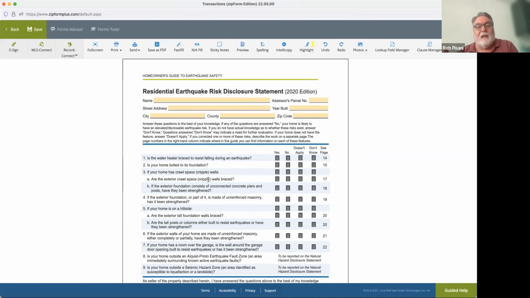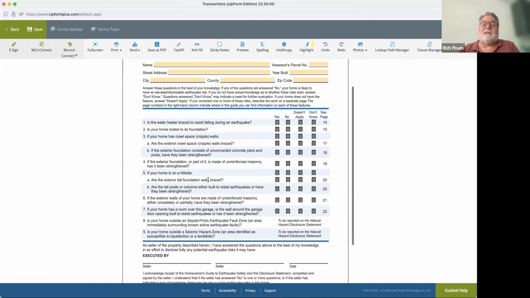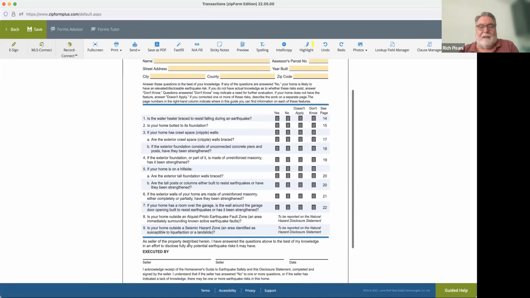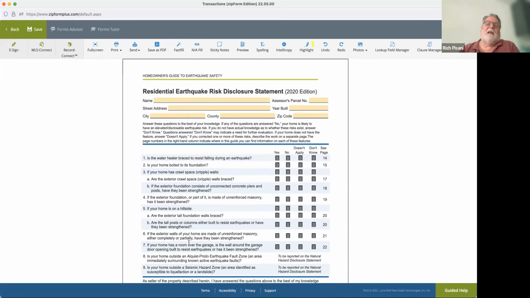But if it's earlier than 1960, you need this form. And they've made it easy for the seller. They've given you the option of doesn't apply, and I don't know. So does the seller know if their water heater is braced? They've checked I don't know. So just have the seller fill it out and sign it, and that's done.